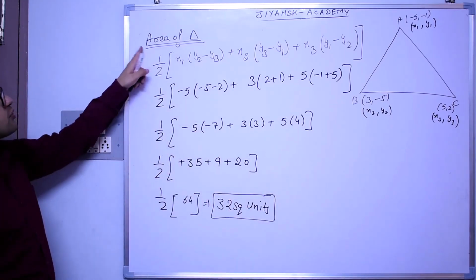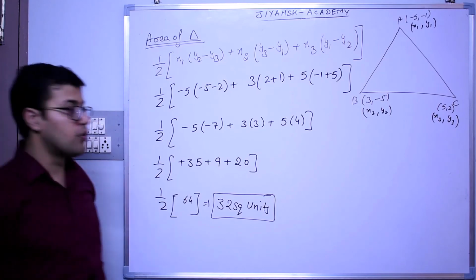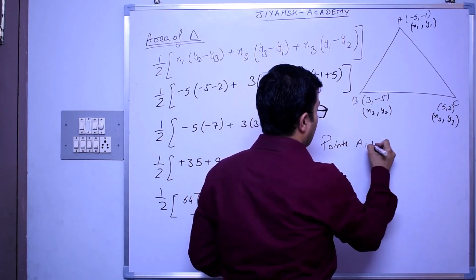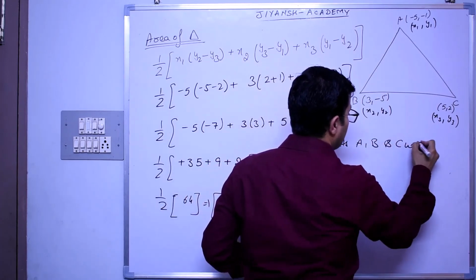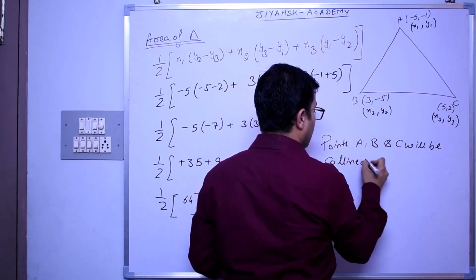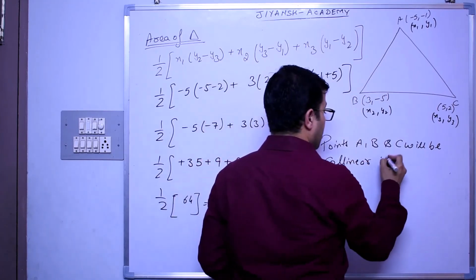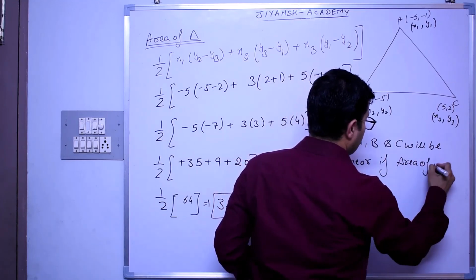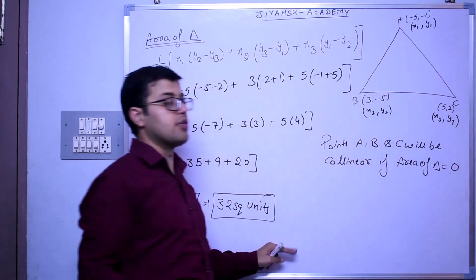Now you can also use the same formula for proving the collinearity. Points A, B and C will be collinear if area of triangle is 0.